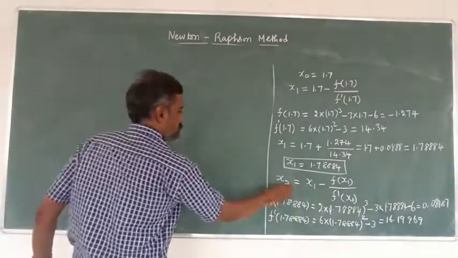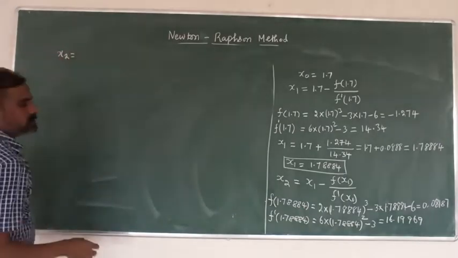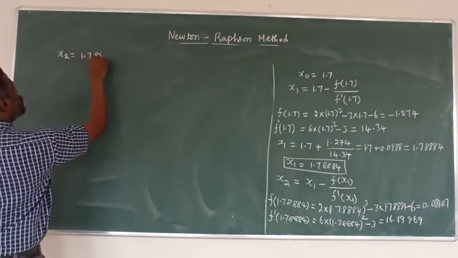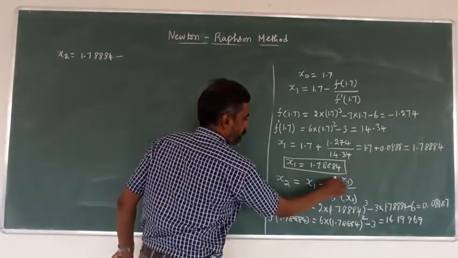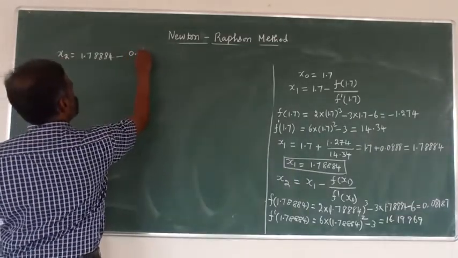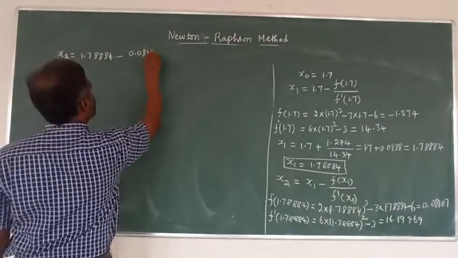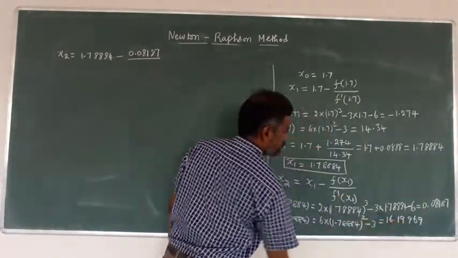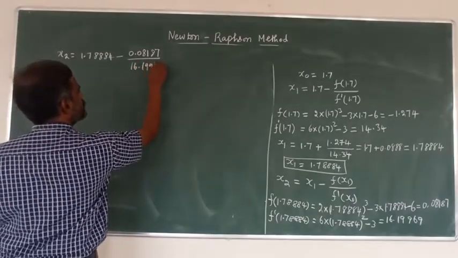Next, to substitute this value here, x2 equals the x1 value 1.78884 minus f of x1 value 0.08187 divided by f dash x1 value 16.19969.